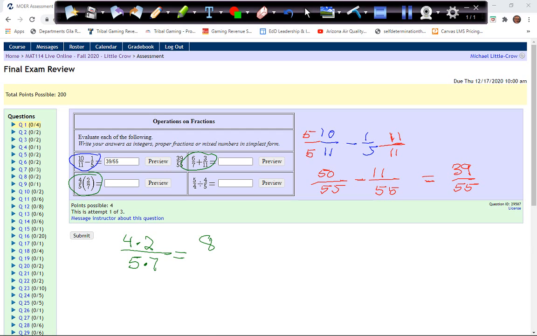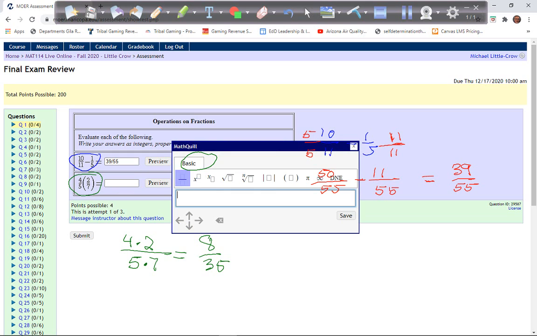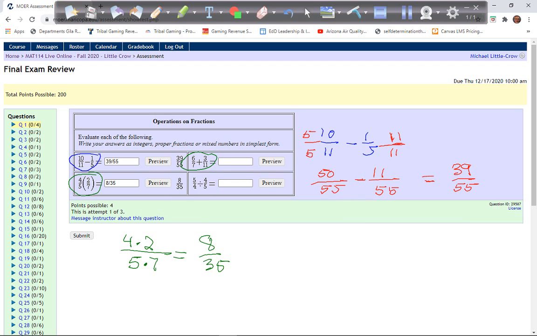So we get 8 over 35. And that does not reduce, because it does not have common factors in there.